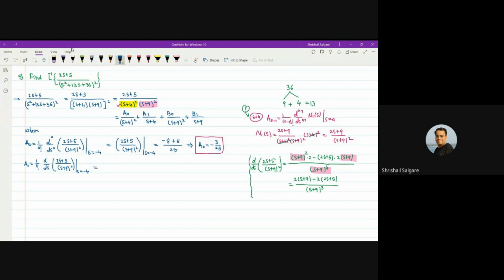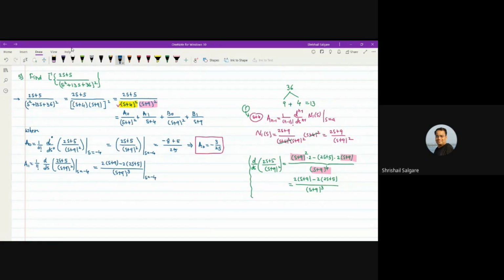So 1 upon 1 factorial is 1, not necessary to write, and the derivative is given by 2 into (s plus 9) minus 2 into (2s plus 5), that whole divided by (s plus 9) bracket raised to 3, and the value of this function at s equal to -4.